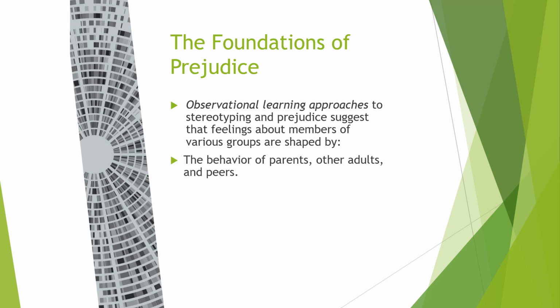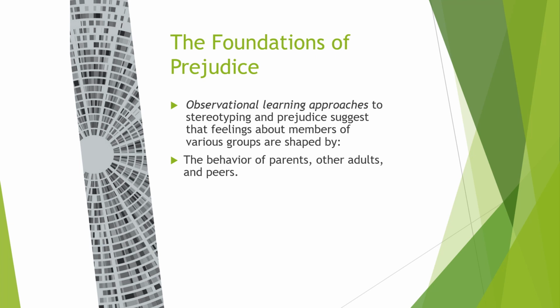One is the behavior of parents, other adults, and peers. That can shape our prejudicial thoughts. We observe someone else doing it or saying it, and then we have the same thoughts. We may not act on them, but we have the prejudicial thoughts.